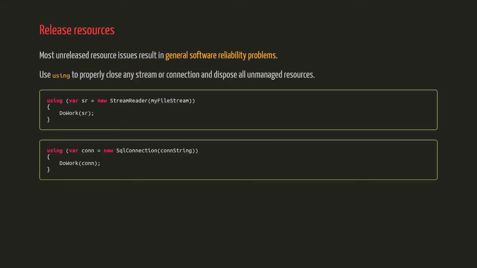So, remember to always use using to properly close any stream or connection and dispose all unmanaged resources. In this example, there is a stream reader and we need to properly close it when we are done. And also we have to properly close any SQL connection or transaction.